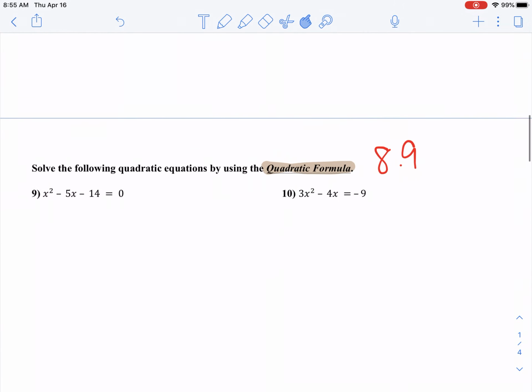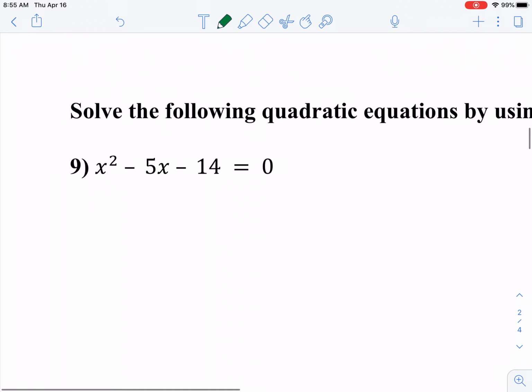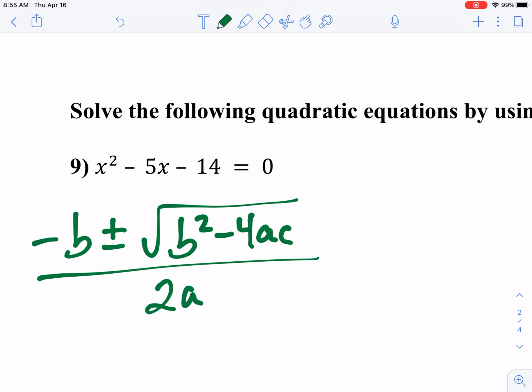And then finally, quadratic formula. You need to memorize this. Negative b plus or minus the square root of b squared minus 4ac all divided by 2a. Alright? The a is the first number you see, the b is the second, the c is the third when it's in standard form.